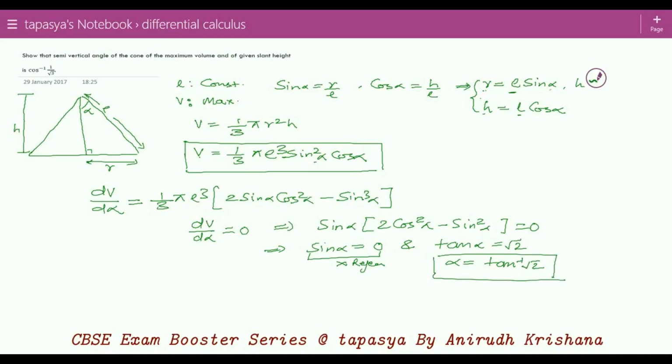Now you have to find the nature of the point, whether alpha creates a maximum or a minimum.